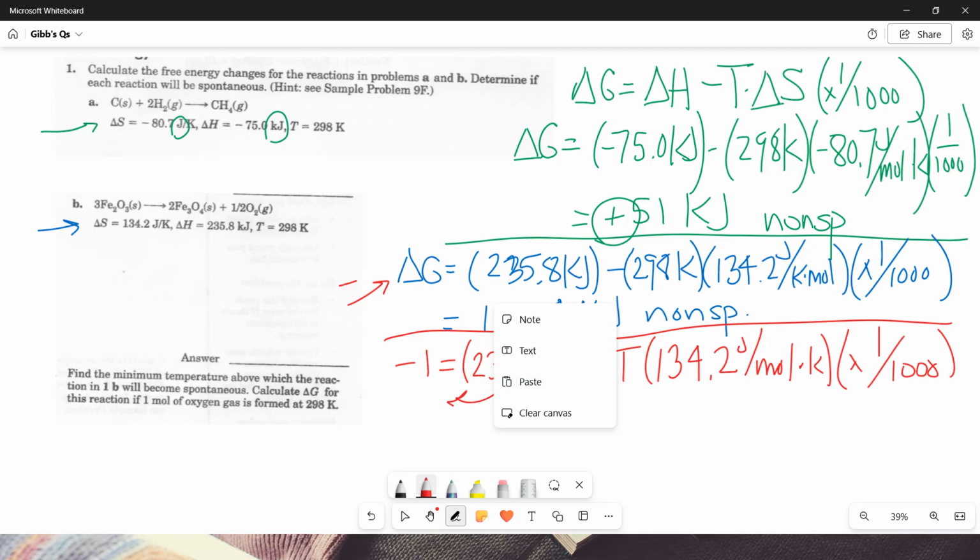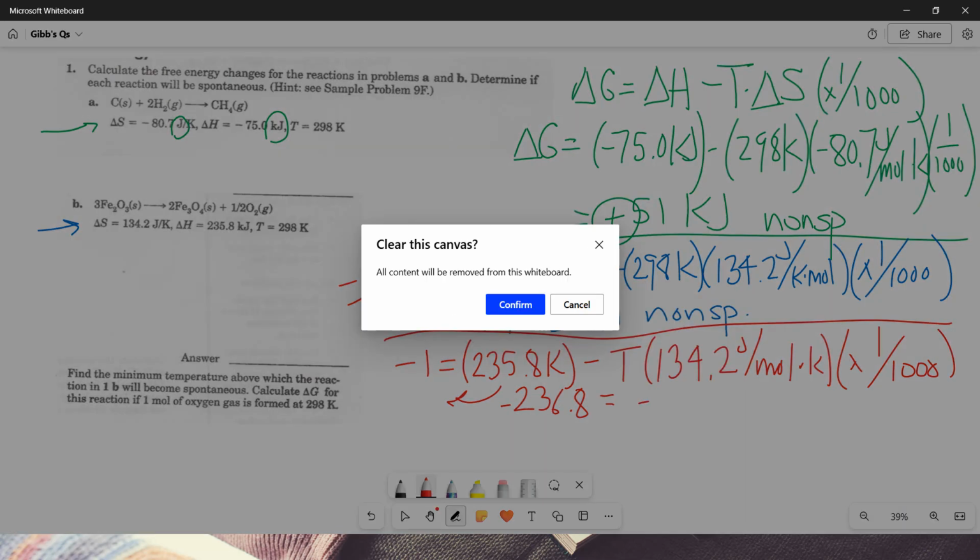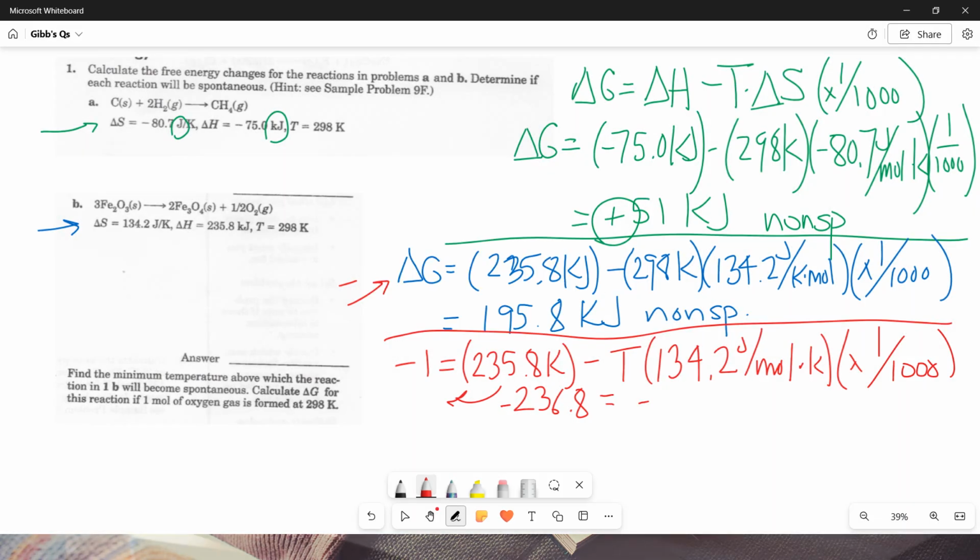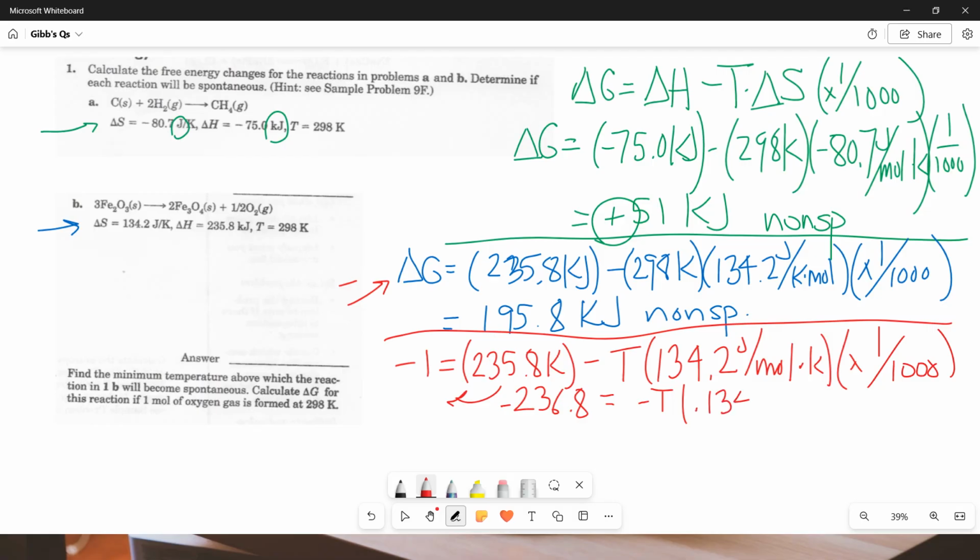So I'm going to have a negative 236.8 equals a negative T times, and if we multiply this, it's going to be 0.1342. So if I solve for T, our temperature is going to be 1,765 K before delta G becomes spontaneous or negative. That's a pretty high temperature.